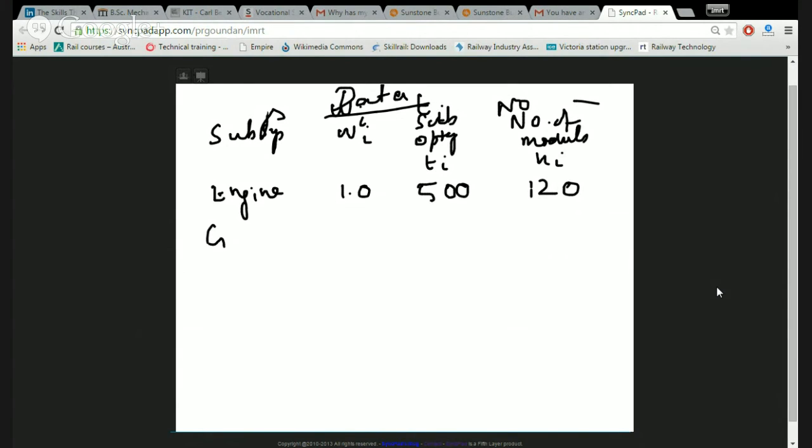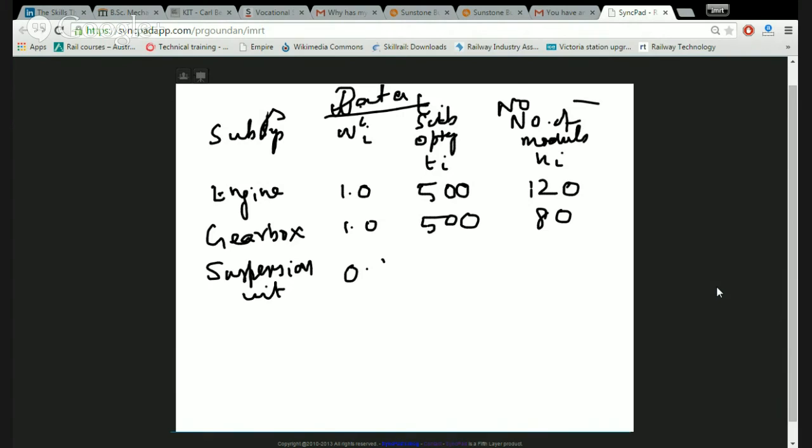The next item is gearbox. Gearbox fails, probability of the vehicle failing is 100%. The gearbox also has to work for 500 hours of mission time. It has got, let's say, 80 modules. Suspension unit: weighting factor is 0.9.